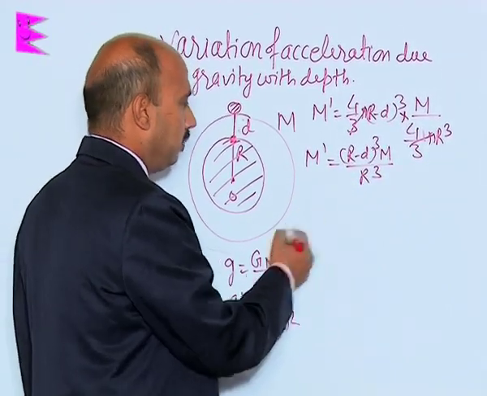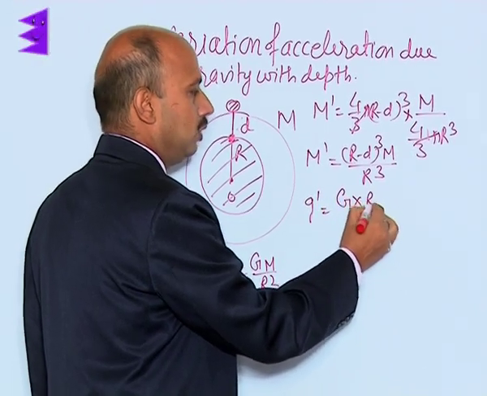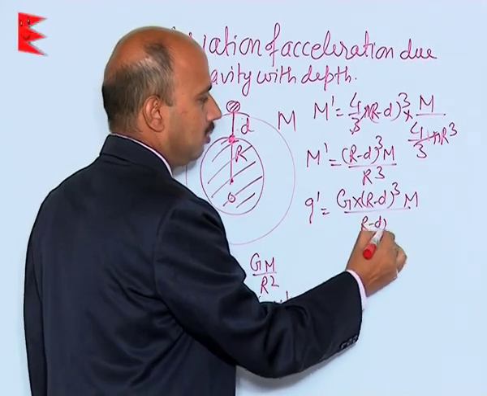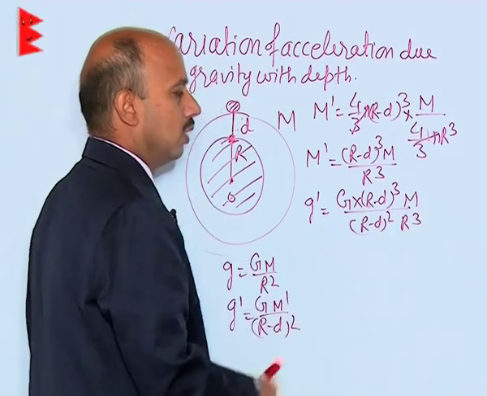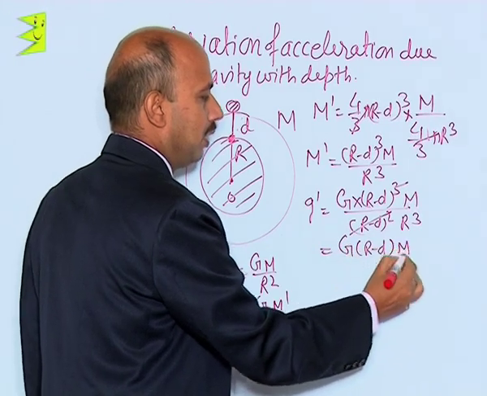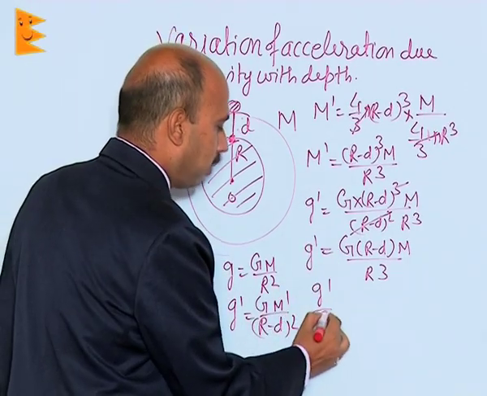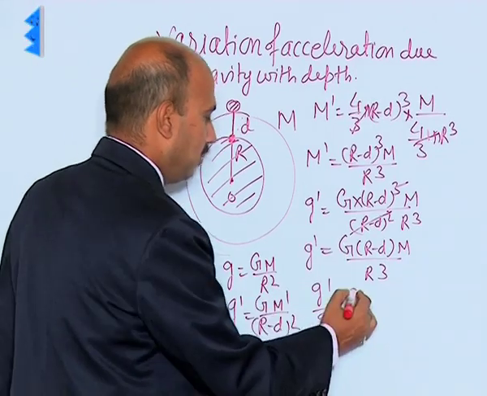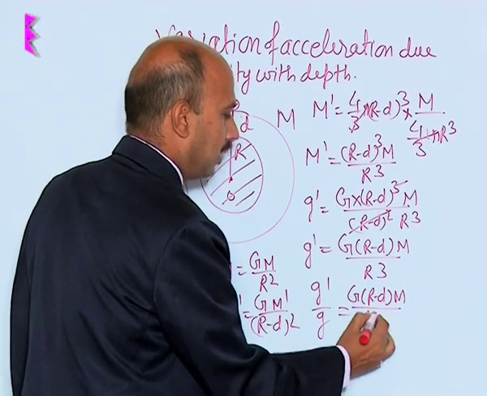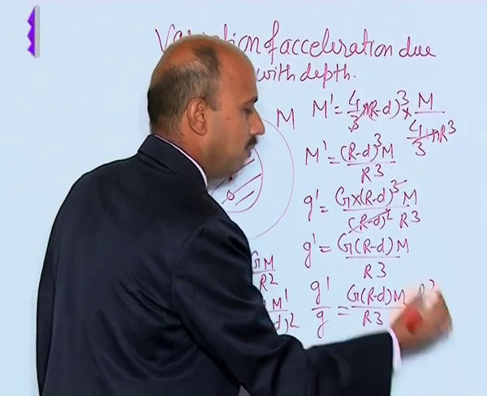Now, put it here, you will be getting g dash is equal to capital G into (r minus d) whole cube m divided by (r minus d) square into r cube. This and this will get cancelled. So, we will be getting G (r minus d) m divided by r cube. This is g dash. Now, we can take g dash upon g is equal to G (r minus d) m divided by r cube into r square upon G into m.